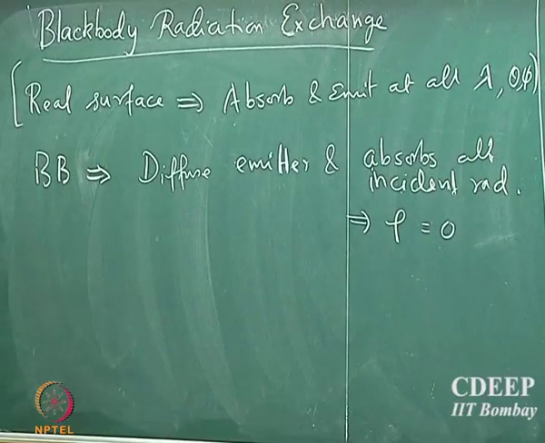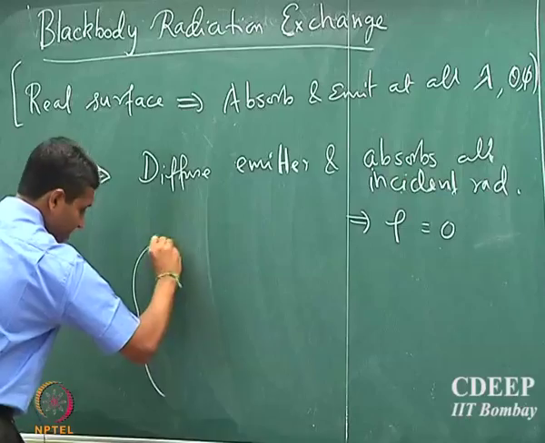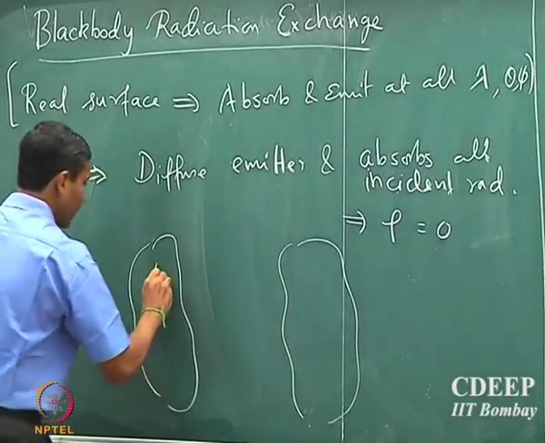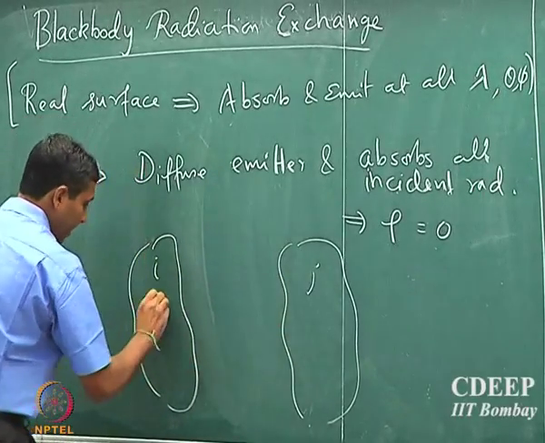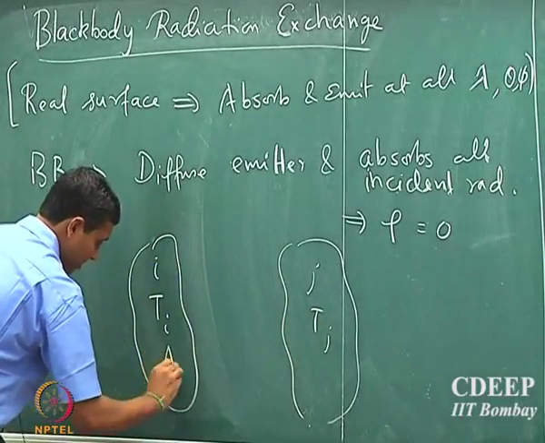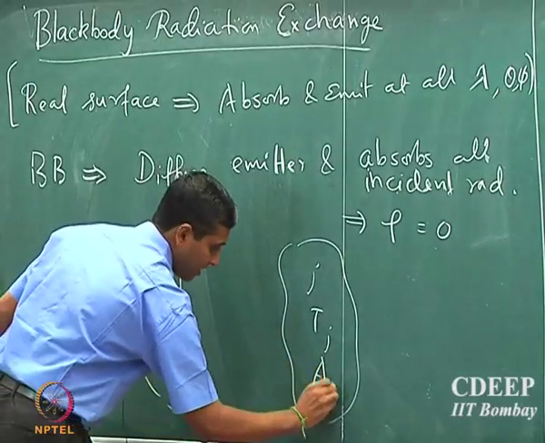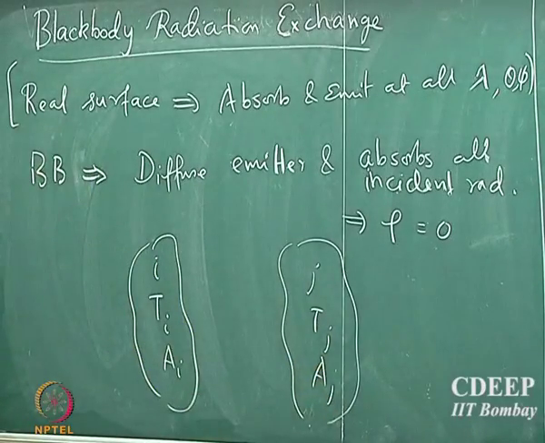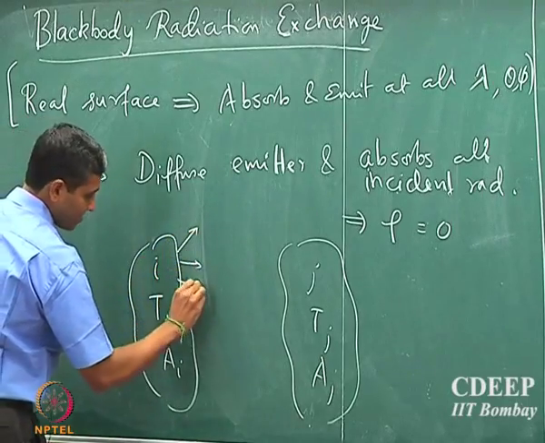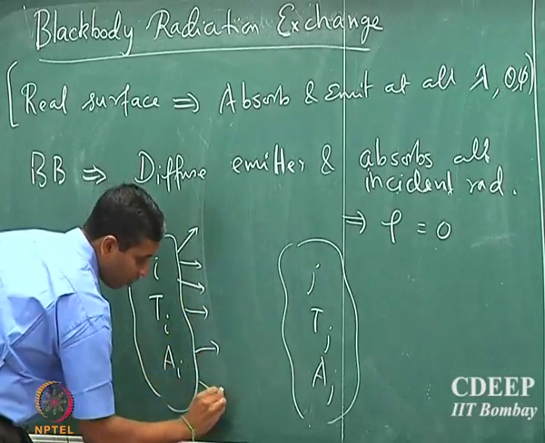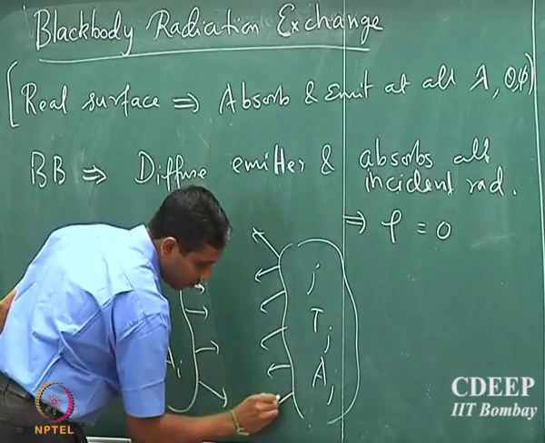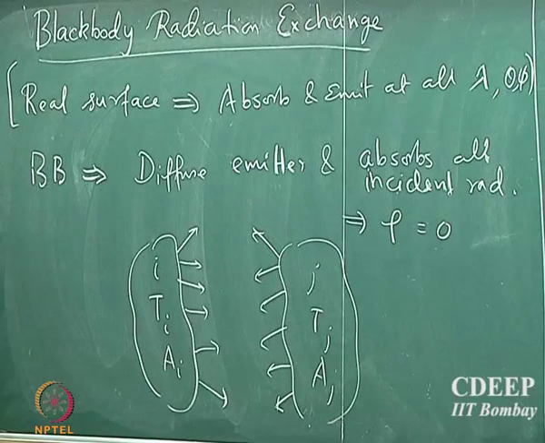Okay. So suppose I have two Blackbodies. I call them I and J, and let's say that the temperatures are Ti and Tj, and the surface areas are Ai and Aj. So now the emission is going to occur at all locations in all directions. Because it is diffuse, it's going to be equal in all directions, right?